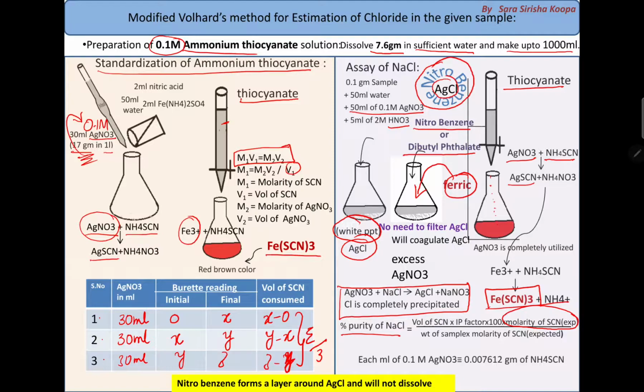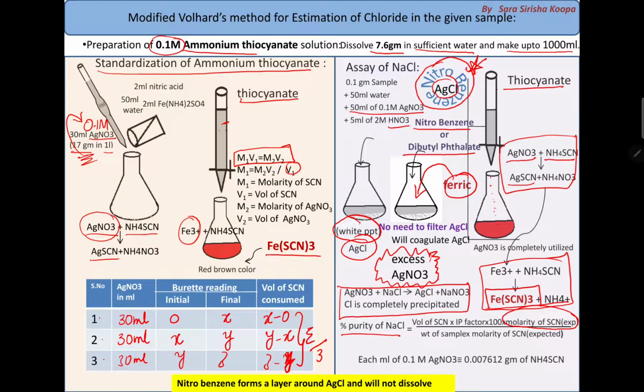This is an indirect back titration method. So here we are adding excess of silver nitrate. This is the thing you have to remember: nitrobenzene and excess of silver nitrate. These are the equations you have to represent in the exam.